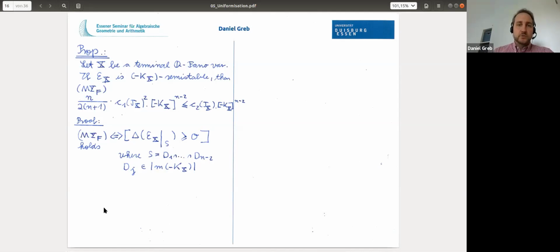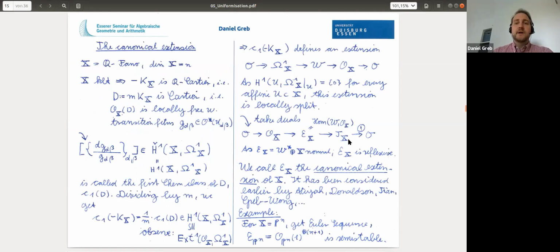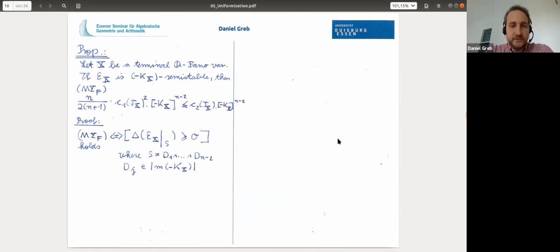So you see, instead of taking a direct sum, my extension is an extension of O_X by T_X. So really the first and second Chern classes of E_X are those of T_X, because I'm making an extension with O. Okay, and then the proof is exactly this.